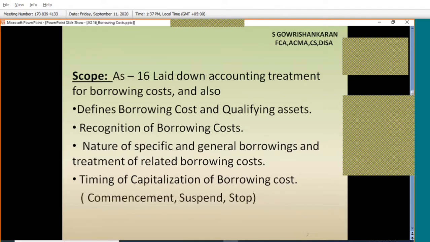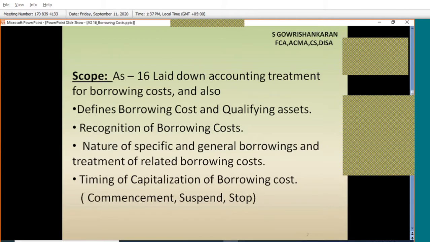That is called commencement, suspension, and stop. Commencement is when I should start capitalization. Suspension is when I should stop temporarily. Stop means permanently I am stopping and should not continue capitalization of interest.